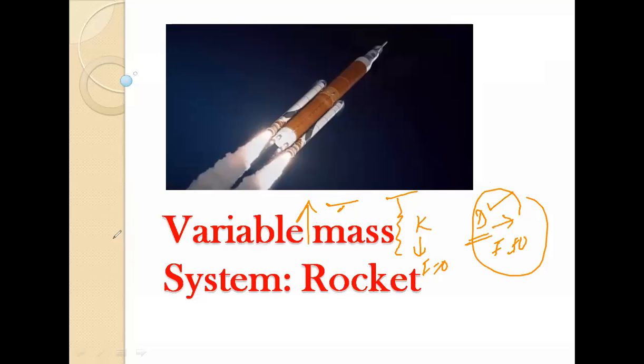Even in the case of a vertically projected upward body, we consider F equal to 0, downward or upward. In these two cases we don't consider force, and this is kinematics, which we mostly discuss at school and intermediate level.